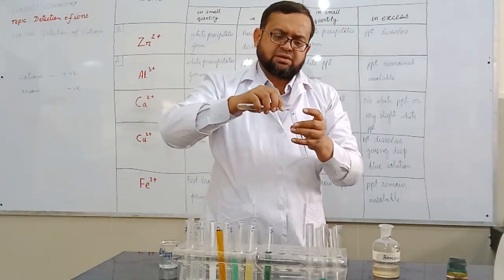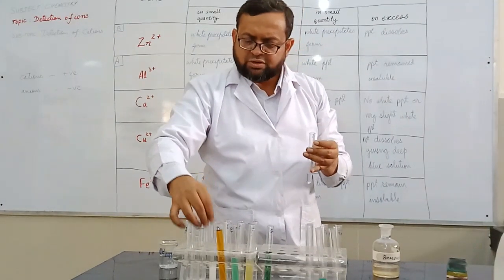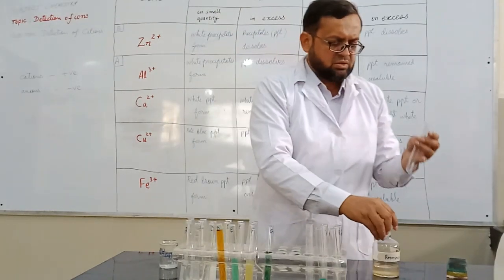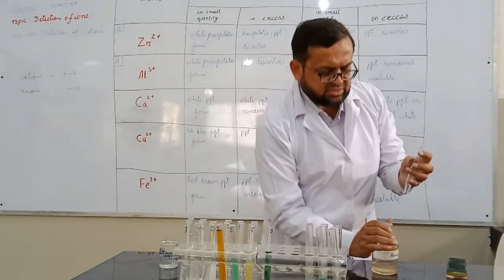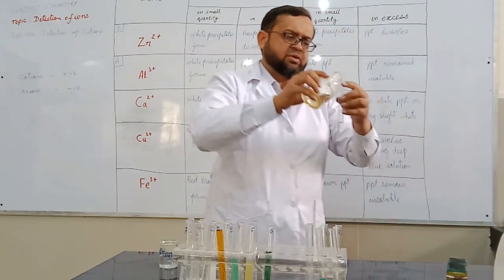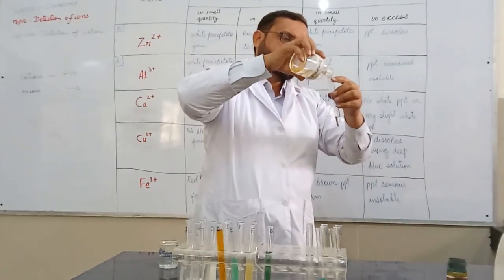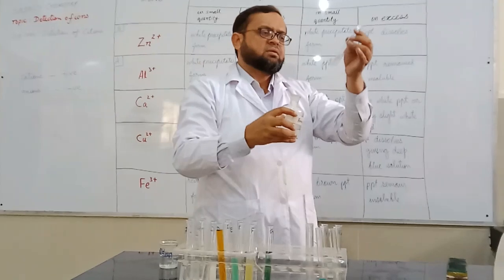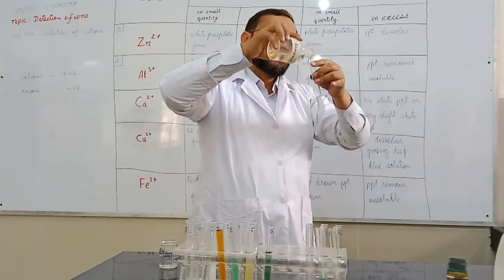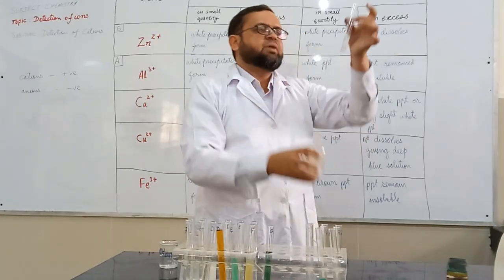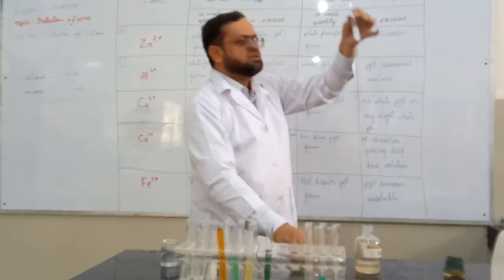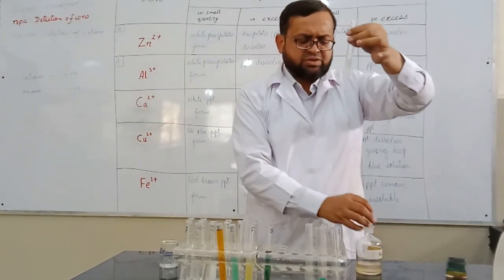So you can see here a small quantity of solution C, and we will add a small quantity of ammonia first. No precipitate, but in excess it may give a slight precipitate. Yes, it is giving a slight precipitate here.